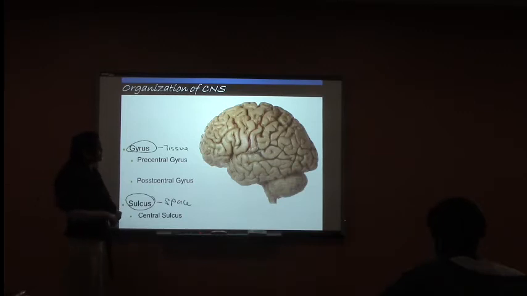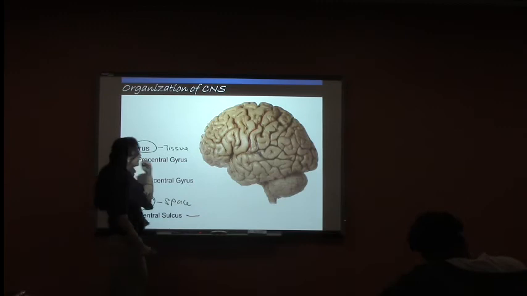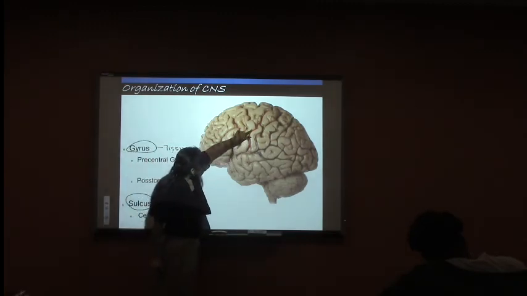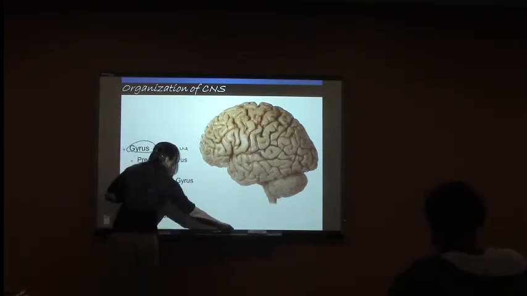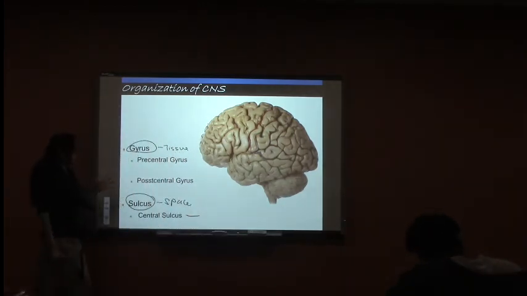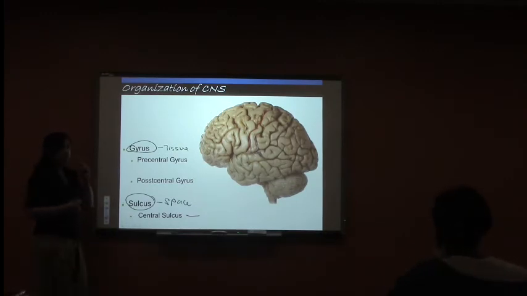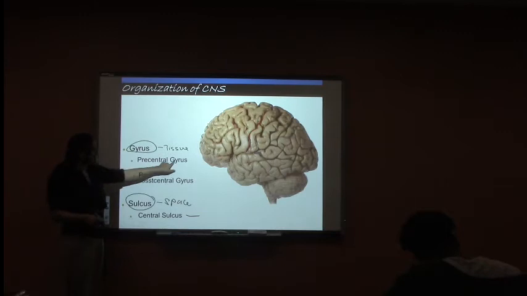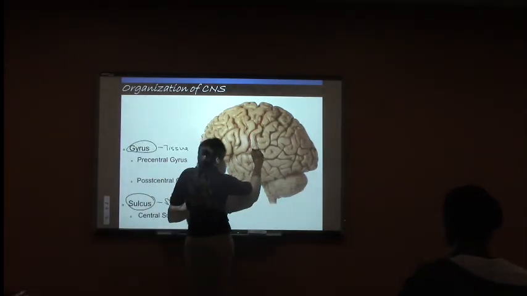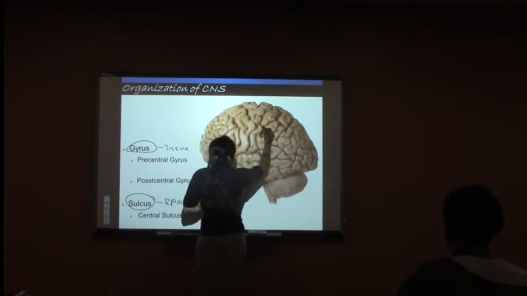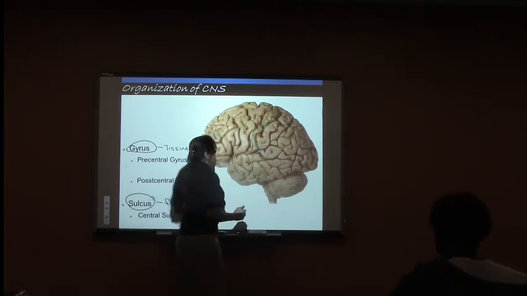That is the central sulcus. It's this space. Right ahead of and behind the sulcus, you have two main important gyri. You have a precentral gyrus and you have a postcentral gyrus. So this is a postcentral gyrus.